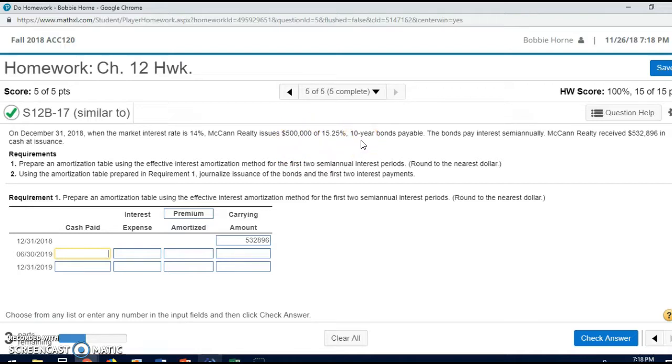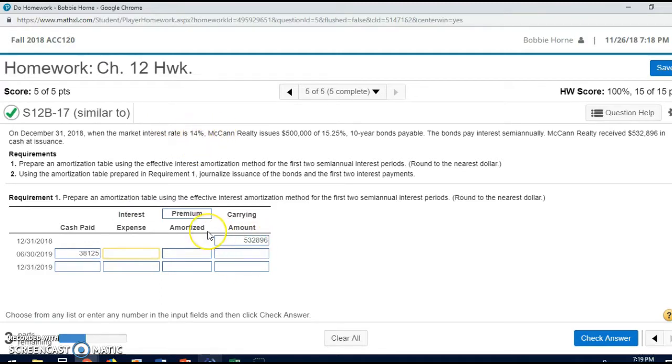The 500,000 times 0.1525 times, and then we're not going to do it for 10 years. We're just doing interest for 6 months. So times 6 out of 12. So the total cash we're going to pay is $38,125.